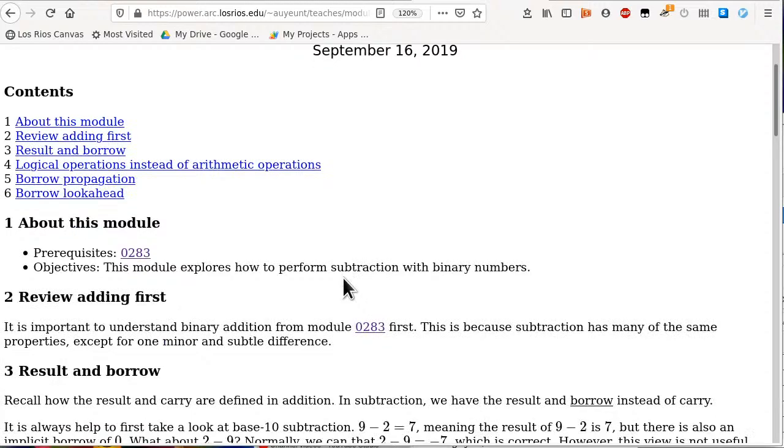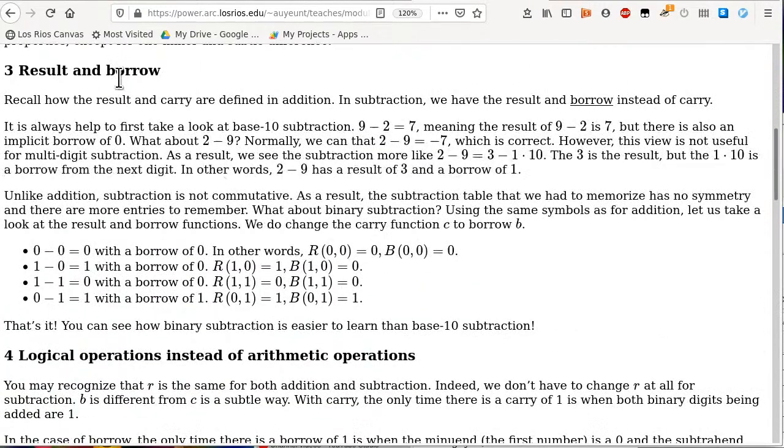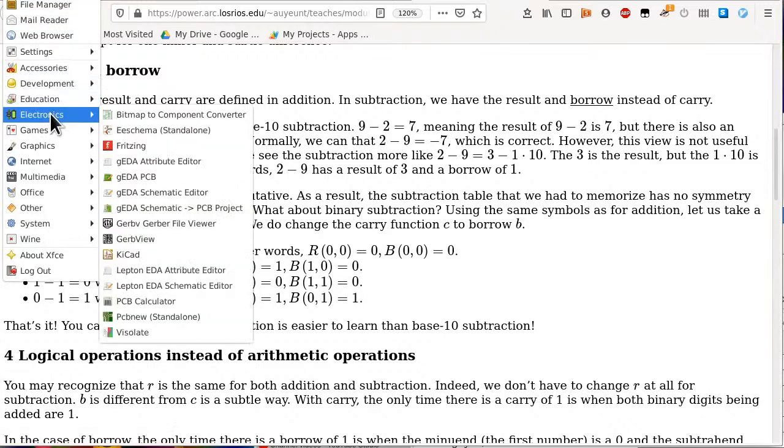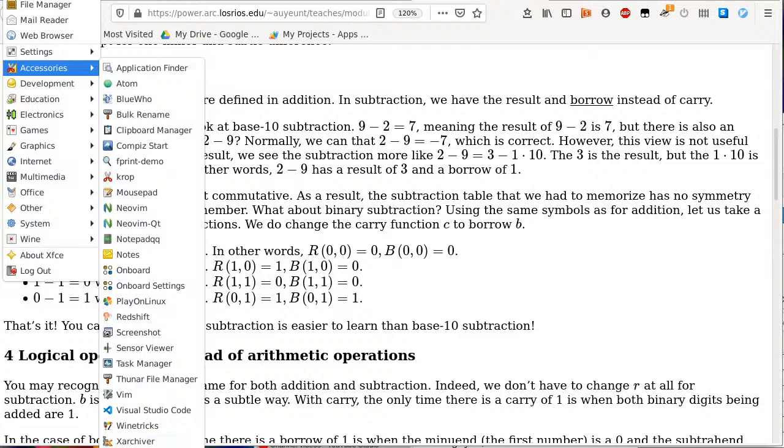So what we'll do is think about the result and the borrow when we are performing a subtraction. And to do that, the best way is to use my journal. Okay, and I have been keeping the journal or the handwritten notes for this class. So let me just go ahead and start it up.